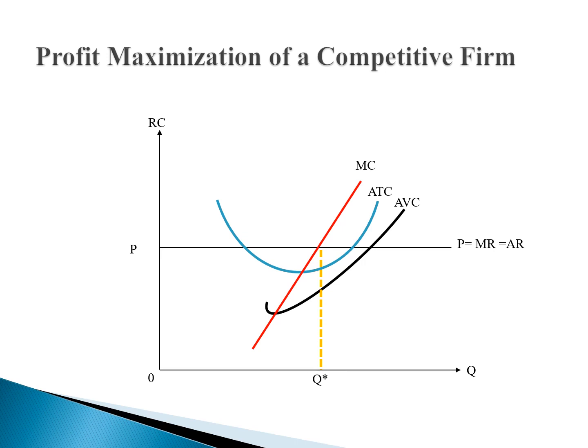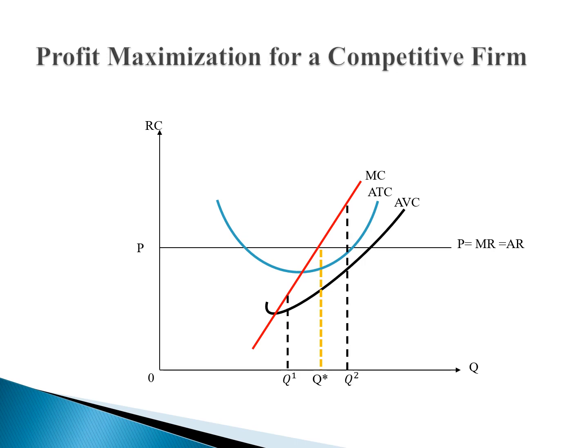So here MC and MR cut at this point, and that is providing us with the optimum level of output Q star, and this is also ensuring the profit maximization of this particular firm. We can represent it through a graph.